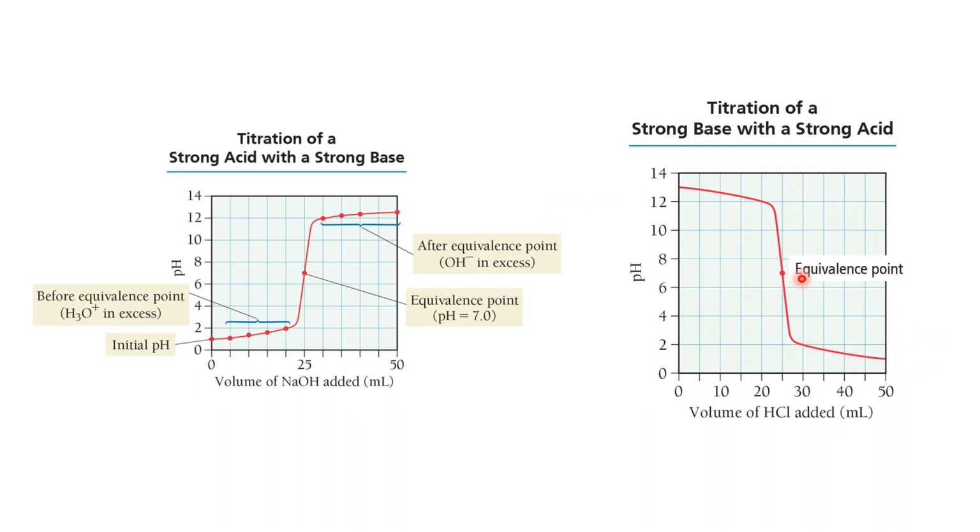All right, and there's the equivalence point. You can probably guess that over here in this region, you have OH minus in excess, right? We didn't add enough acid yet over here to consume all of the OH minus. At the equivalence point, we've consumed all of our OH minus. And now over here, you have excess H plus from your HCl, right? So same idea.